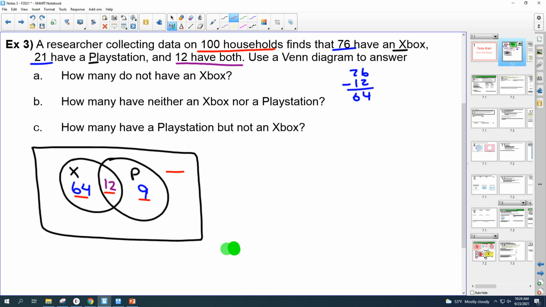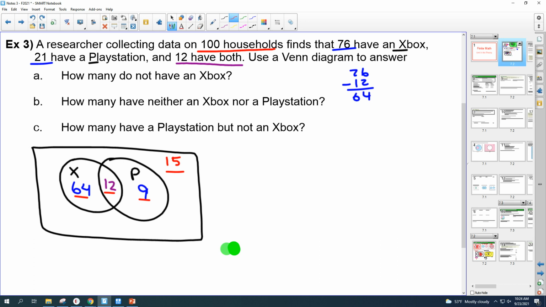So if you think about it, we've got 76 plus 9, that's what, 85? I see 85 on the board, so that means there must be 15 others. Okay, all 4 of those numbers now add up to 100. That's everybody in this survey. The 15 represents the 15 people that don't have either one of the things. Neither have an Xbox nor a PlayStation, nor both, I guess, right?